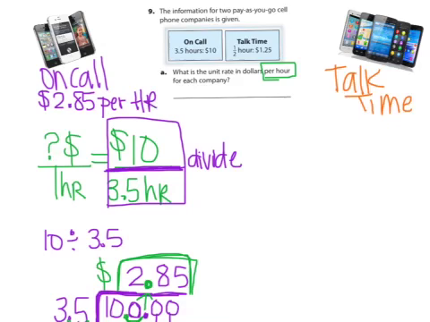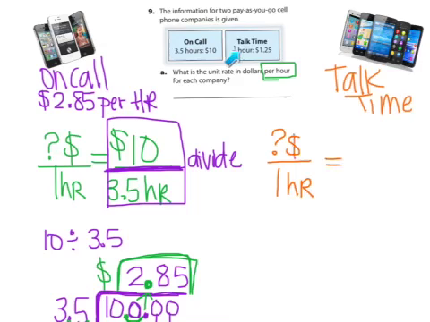Now I'm going to do the same thing, but I'm going to use the information for talk time. I'm going to start out with the beginning fraction. We want to figure out 1 hour, how much it costs. I don't know how much it costs, but I can look back up in my problem and get the information.